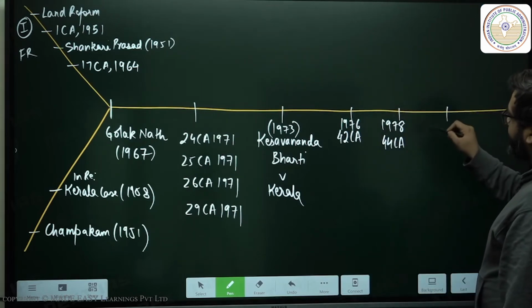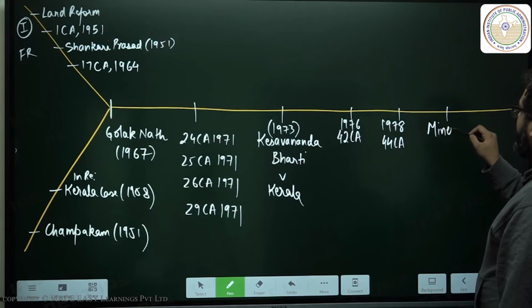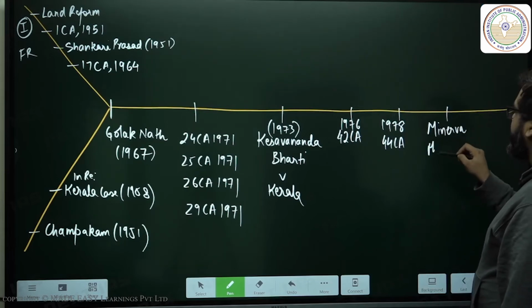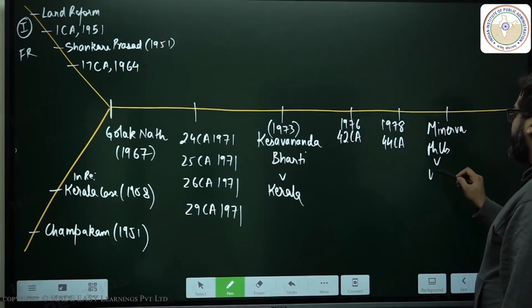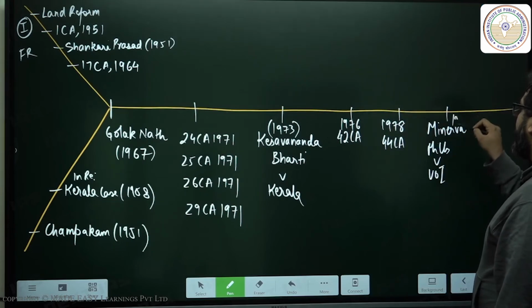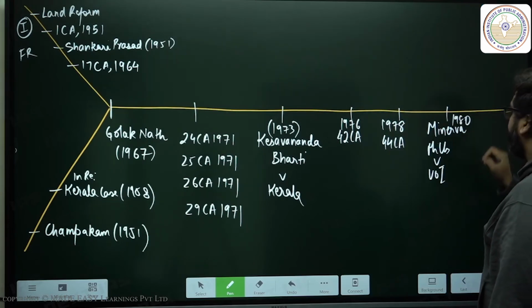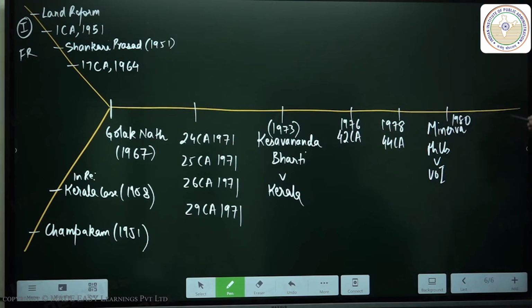Then Minerva Mills versus Union of India, 1980. And most recently, I.R. Coelho versus State of Tamil Nadu, 2007.